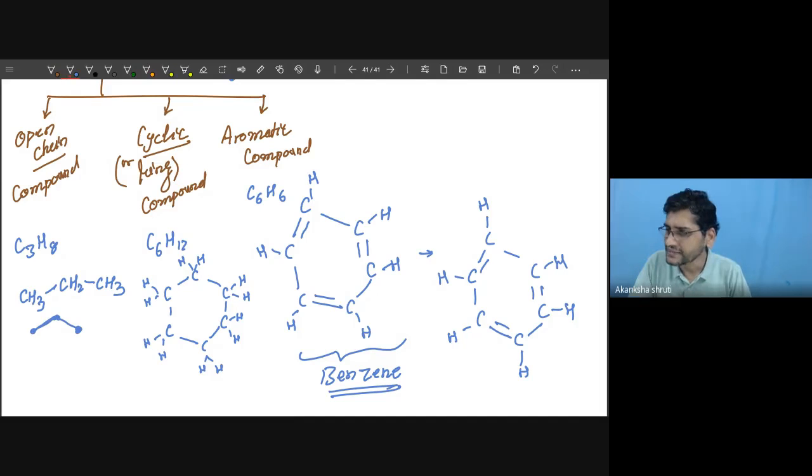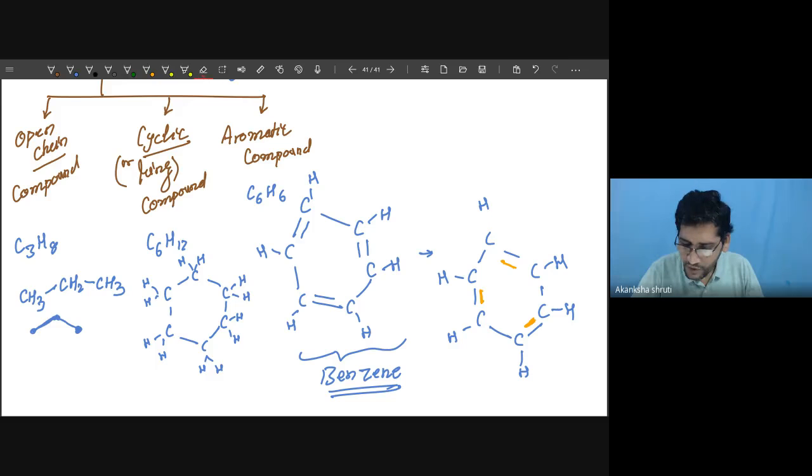So the double bond is always present in alternate positions, but it can be in these positions also. If we are considering these positions, then these positions have to be released, otherwise the tetravalency is not satisfied, it becomes pentavalent. So this structure is the benzene.